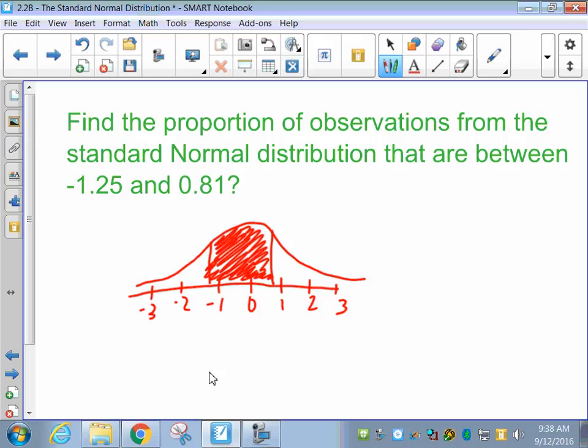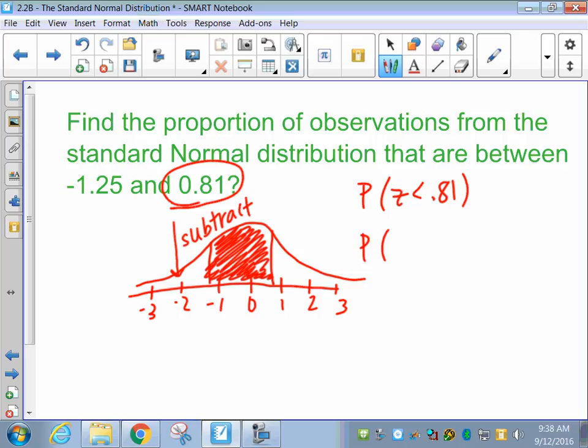Yeah, Jake. So would you find the area left of 0.81 and subtract the area left of -1.25? Exactly. So if I find the probability of a z-score less than 0.81, that's going to give me all the area to the left of this point, right? Well, all I need to do is subtract out this area that's to the left of -1.25.